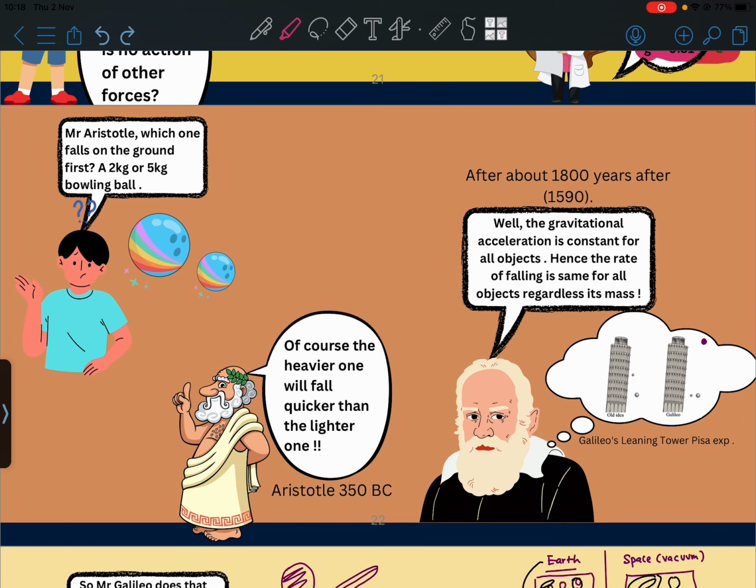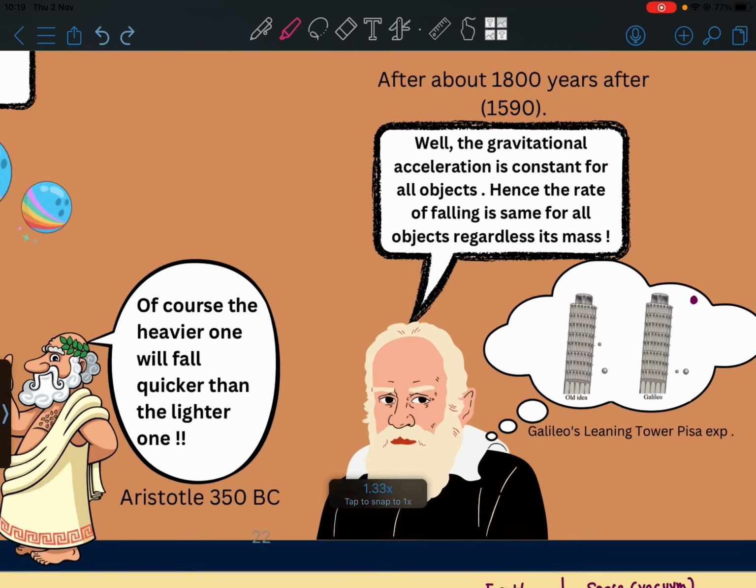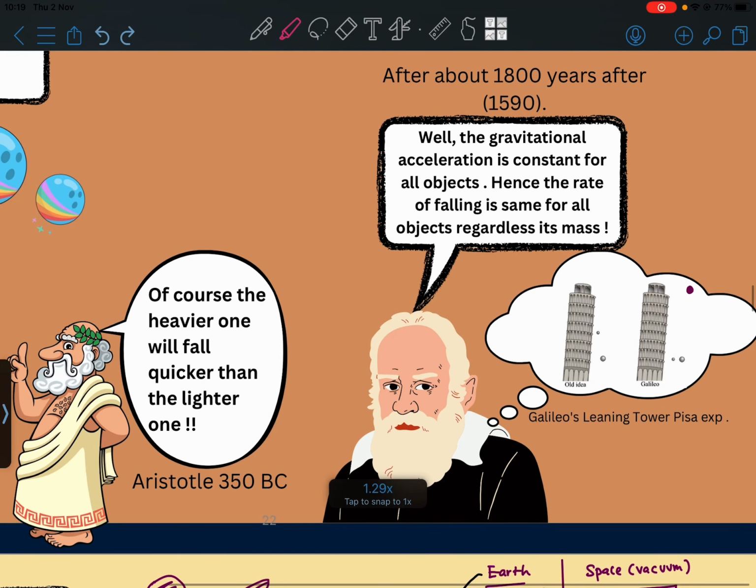Okay, so this is actually the classic question: which one falls on the ground first, a 2 kilogram or a 5 kilogram bowling ball? Aristotle said in the past that the heavy one will fall quicker than the lighter one, which is not true, because several millennia later, this guy named Galileo did the thought experiments, the Leaning Tower of Pisa experiment.